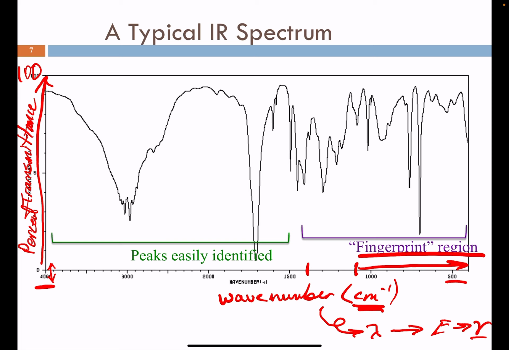Above the fingerprint region, so certainly above 1,400 wave number, we have more generic and more universal rules that can help identify functional groups. Okay, so like in the example shown here, we have a very strong absorption that's triggering almost all of the photons to be absorbed in the material and not transmitted. So we see a very deep well.